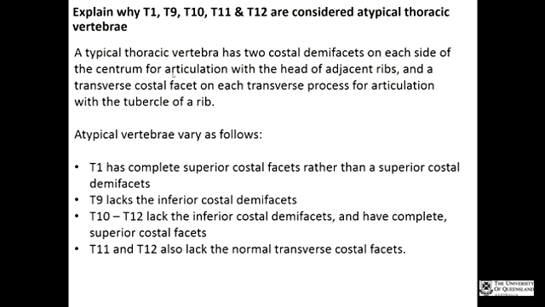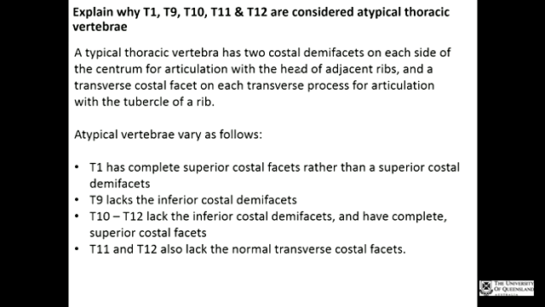And then for most of the normal vertebrae, we have transverse processes, and they have a little costal facet on those. So that transverse costal facet is the one which articulates with the tubercle of the rib. Remember, ribs have, as we'll see in a moment, a head with an articular surface.